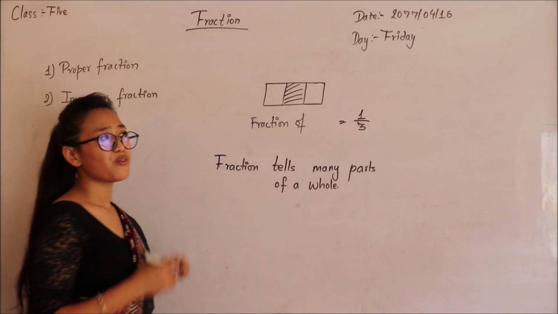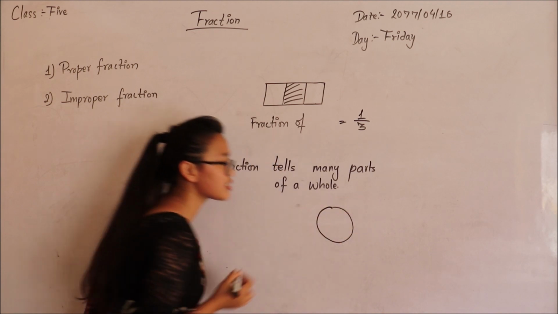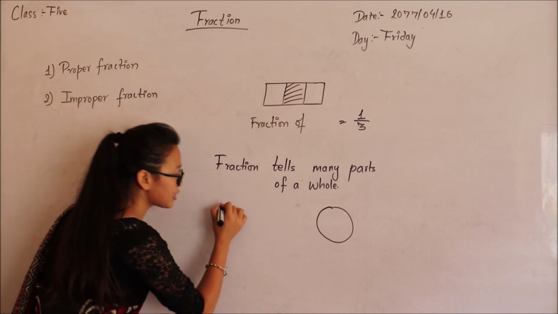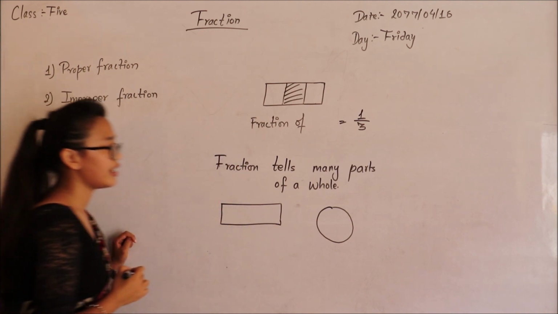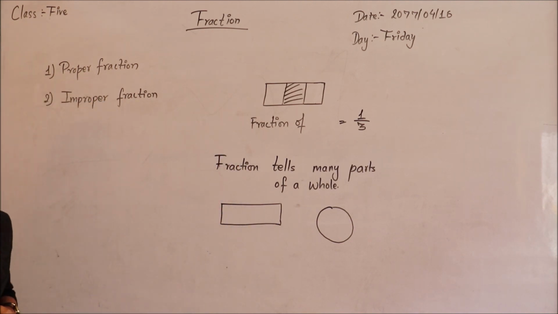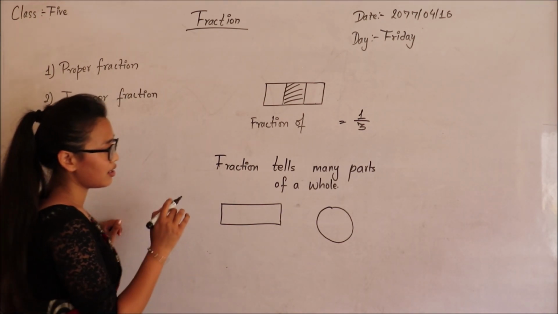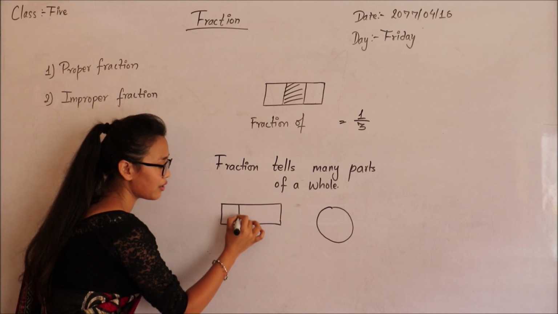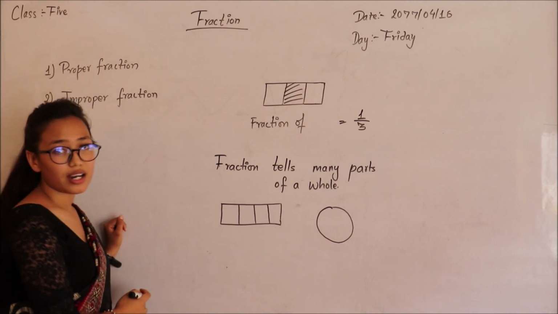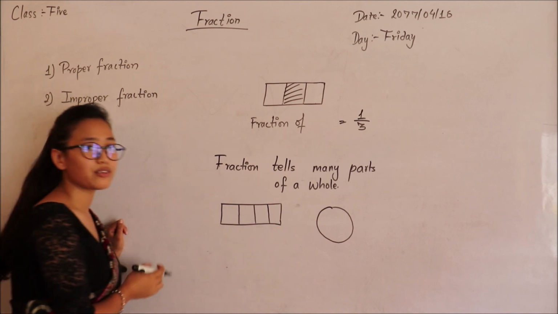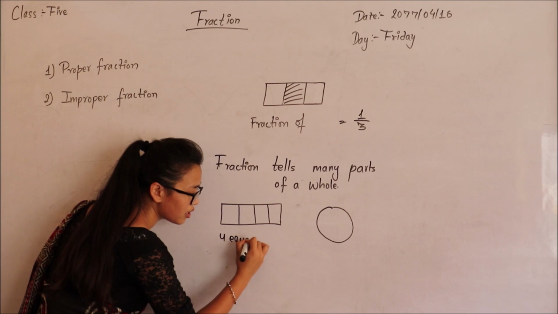So let's take, what is whole? Let's take a whole part. Either it's a circle or a rectangular object or any, okay? Now let's suppose there are 4 equal parts in this rectangular box.